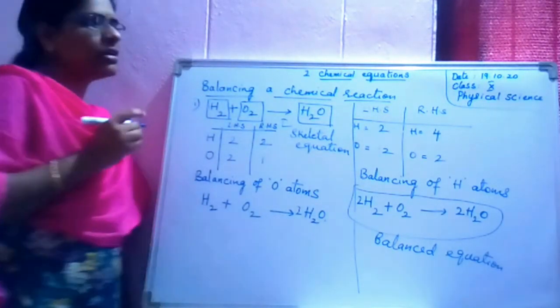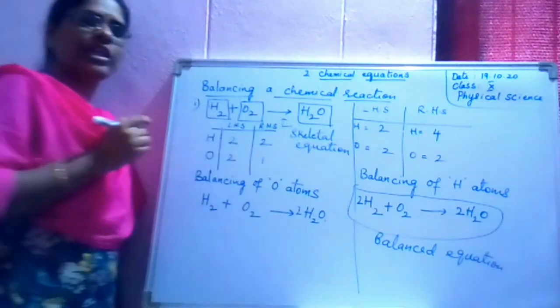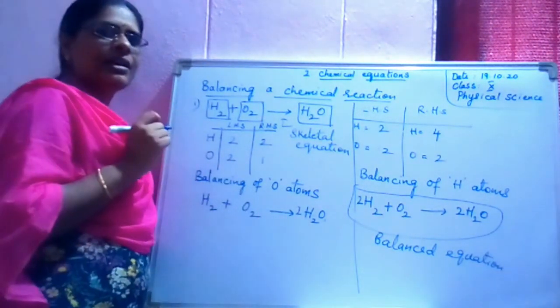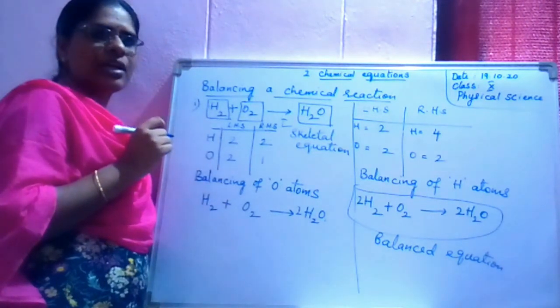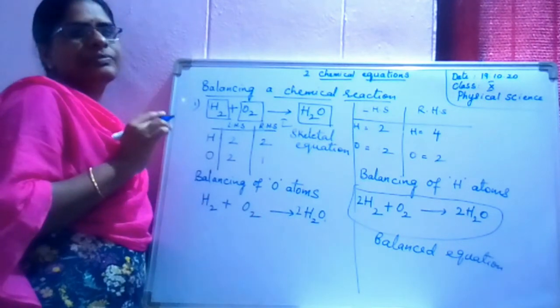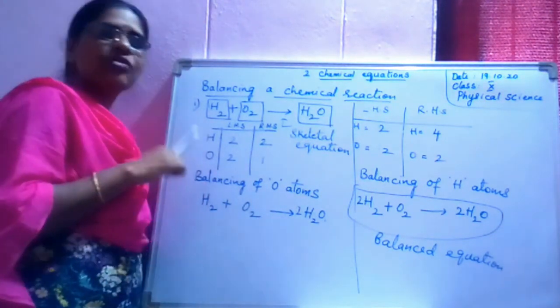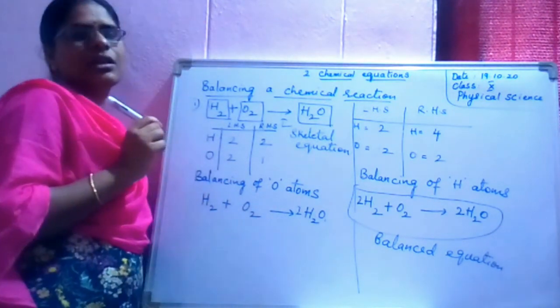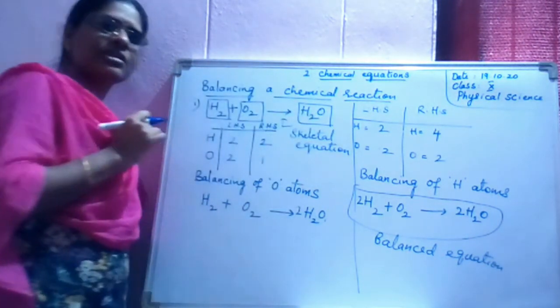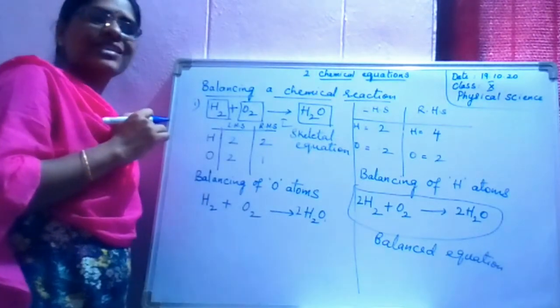Follow, children. Like this, you need to balance the given chemical reactions. Okay. These are very important. In the final exam, they may give you 4 marks. Either they may give you the chemical equation like this, or they may give you a statement.